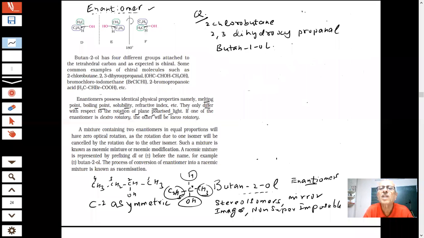Question: which are chiral molecules? We are given 3 compounds, 1, 2, and 3. Tell me, you have only 1 minute.